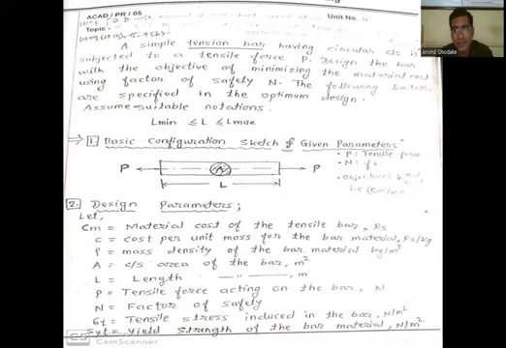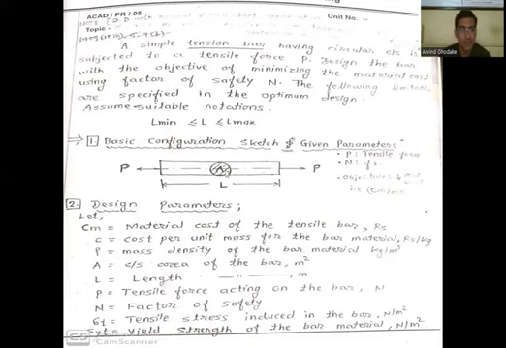So here P is the tensile force, capital N is the factor of safety. Then our objective is to minimize the material cost. Therefore, the design parameters: here Cm is the material cost for the tensile bar in Rs. C is the cost per unit mass for the bar material, Rs per kg. Rho is the mass density of the bar material, kg per meter cube.